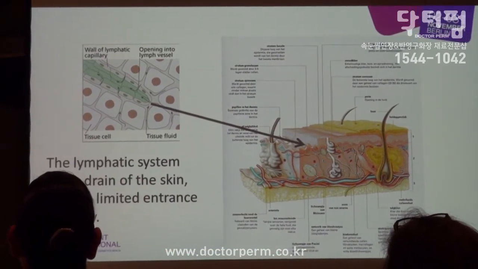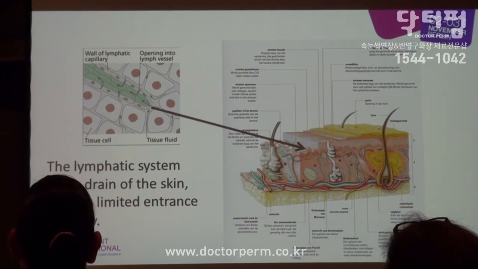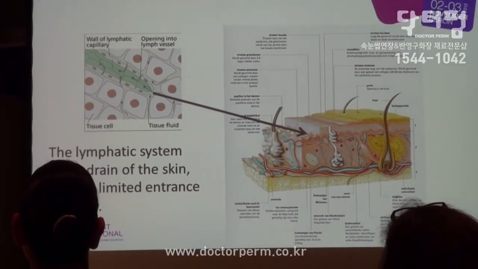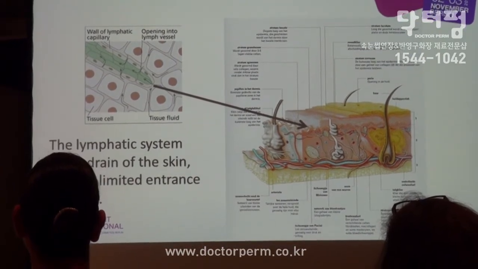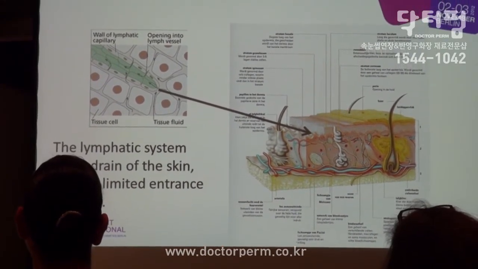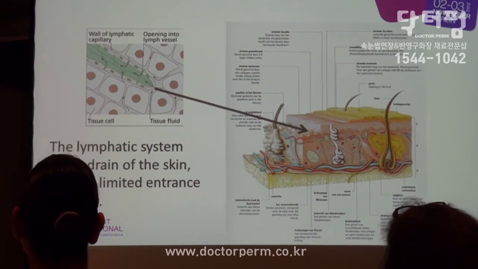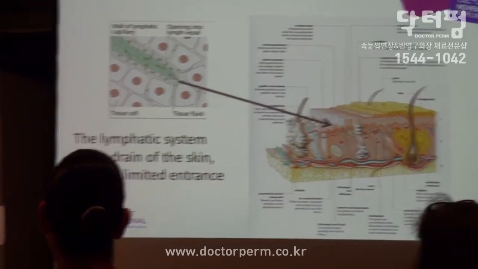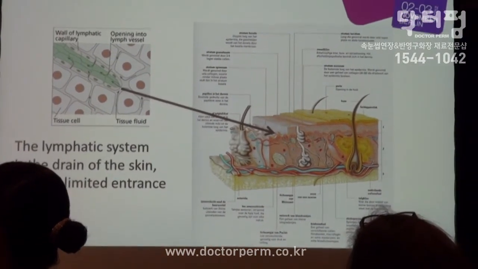All the red and the blue lines are the vascular system, so the blood is going there, and the lymphatic systems are these white lines. In fact, the lymphatic system is the drain of our skin, the drain of our whole body. And all the waste is going into this lymphatic system. It's a grey water reservoir.